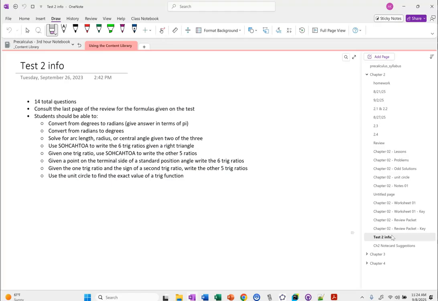You should be able to do that if I give you 1 trig ratio, you should be able to find the other 5. Again, you can draw a triangle to do that. If I give you a point on the terminal side of a standard position angle, you should be able to find the trig ratios from that.